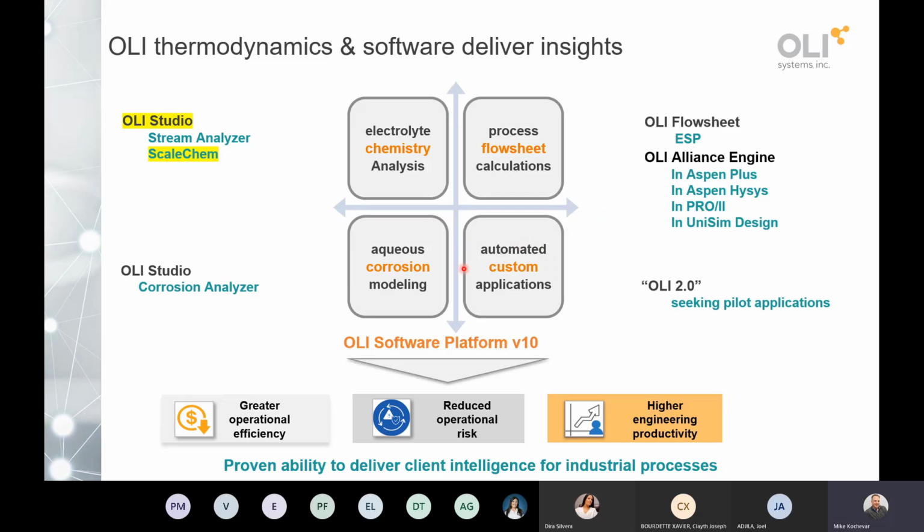And finally, we can do some custom applications. There are two different directions here, in that we can connect OLI's engine and the solver into third-party software. If you have your own proprietary software that's doing calculations and you want to get electrolyte data from OLI, we can make those connections via an API. We're also looking to automate some of these systems.